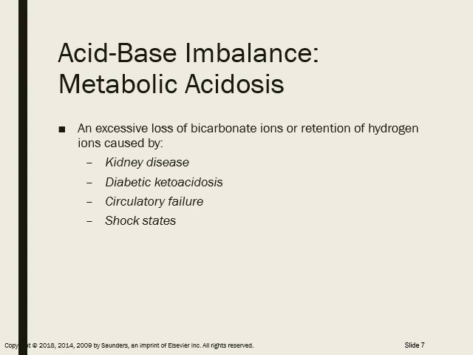Metabolic acidosis occurs when large amounts of acids are produced within the body. Major causes of metabolic acidosis include kidney disease, diabetic ketoacidosis, circulatory failure, as well as individuals who are in the state of shock.